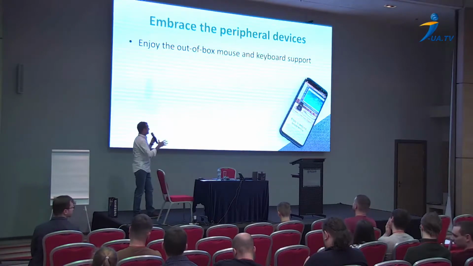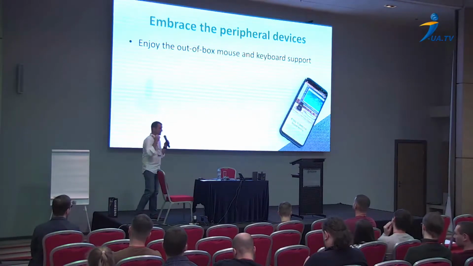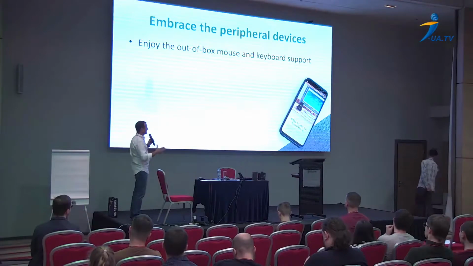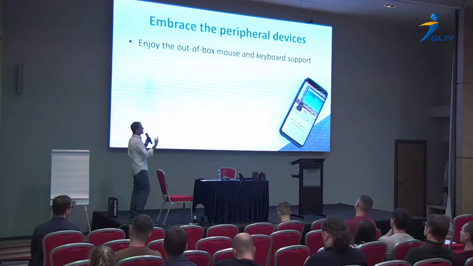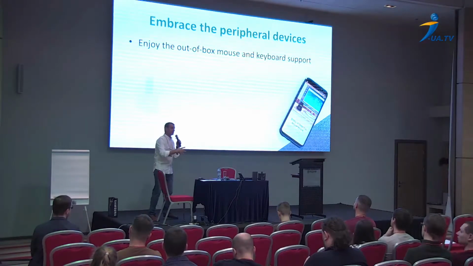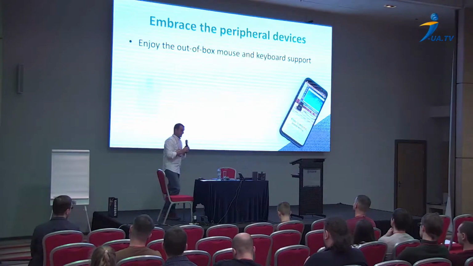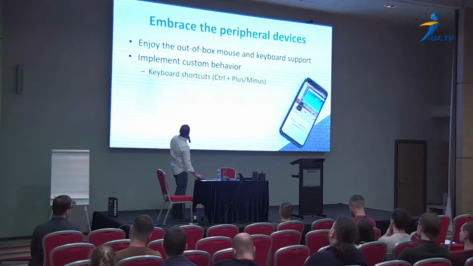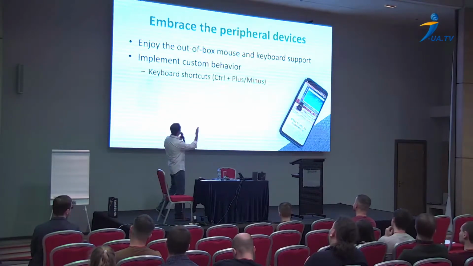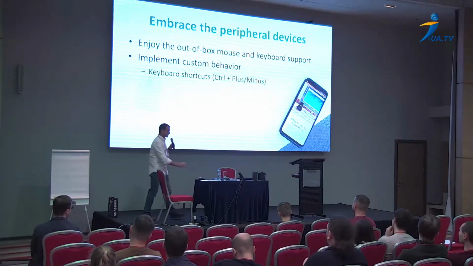So the specifics. The new challenges come with adding functionality that's specific to a desktop environment, specifically support for physical peripherals like a mouse and a keyboard, and shortcuts. Like in my case, I implemented Control plus and Control minus.